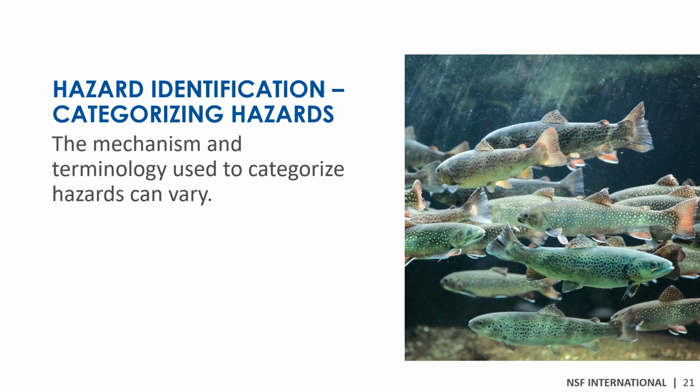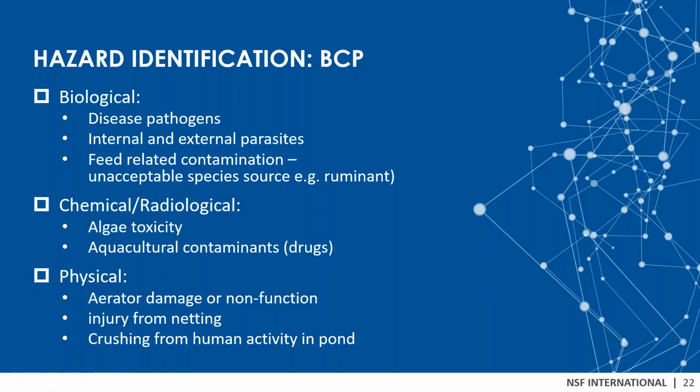And it can be very different. You can be very comfortable with the BCP, the biological, chemical, physical structure and approach to it. But there are other mechanisms of categorizing the hazards, animal welfare hazards. And so I'm going to go through that just a bit to give you a better sense of how some people are representing those hazards.